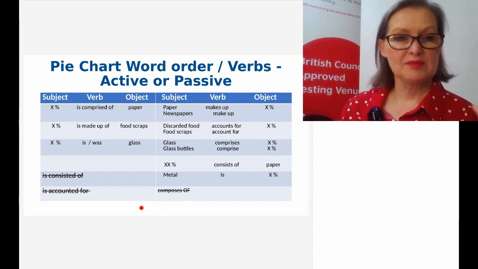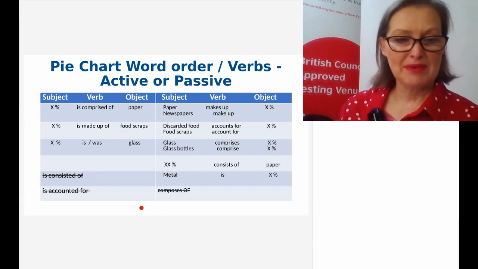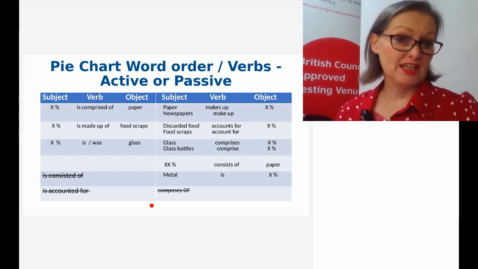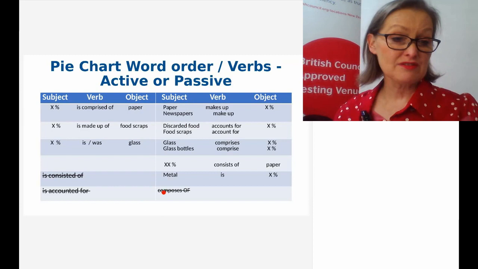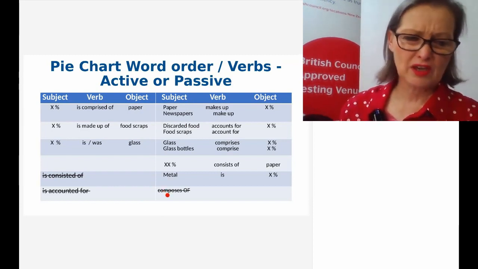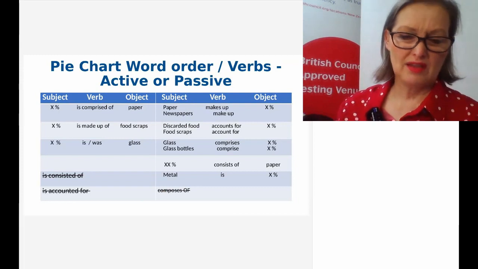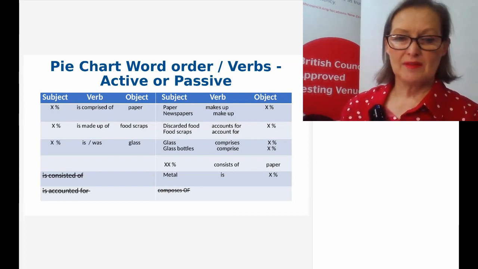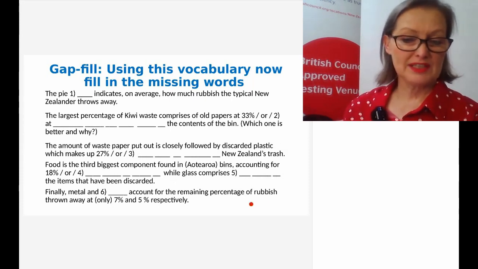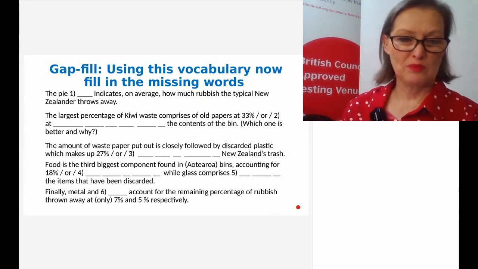So that's putting together my active table and my passive table. And once again, you can see the verbs that I can't use in my passive is consisted of. We can't say that. We can't say is accounted for. And we can't say composes of. That one needs to be in the passive form.